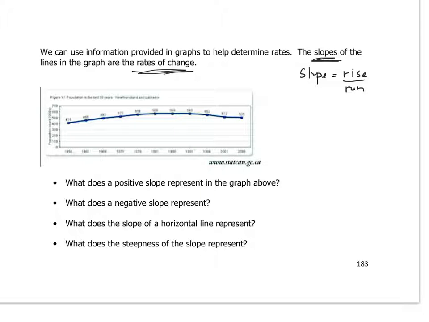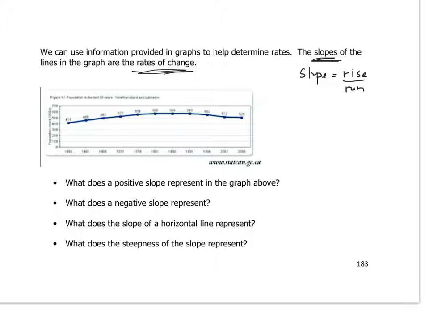So in this case, we've got population. It's hard to read this, but it's the population in the last 50 years of Newfoundland and Labrador, and the population count, I think it's in the thousands. I'm not sure. But anyway, you don't actually have to calculate any particular slopes here. They're just asking what the positive and negative slope represent.